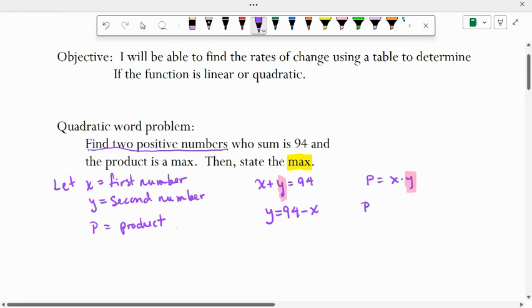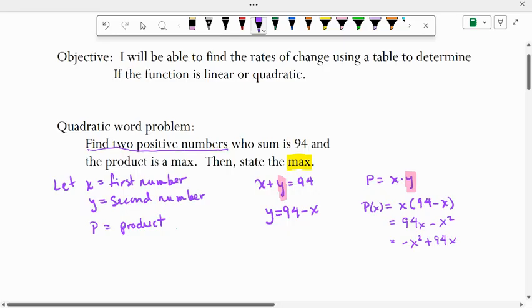Now when I substitute in 94 minus x for the y, I have the product as a function of only one variable. When I distribute, I get 94x minus x squared, or negative x squared plus 94x.